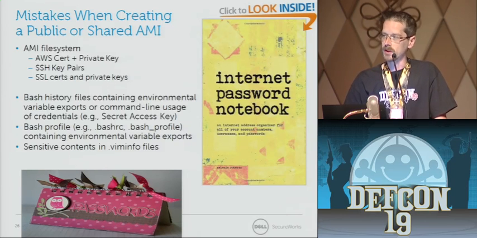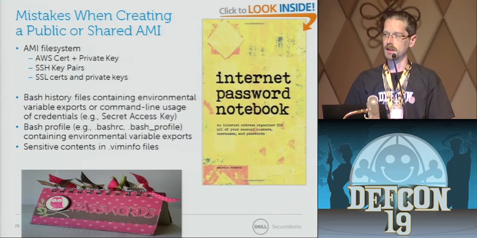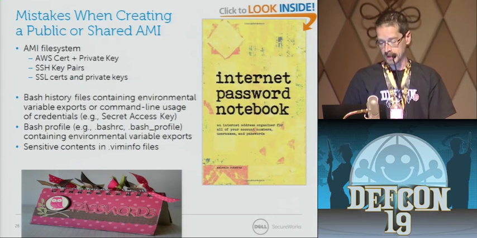You might have SSL certificates and private keys on the image. You need to be conscious as a publisher of an image what you're putting out there, because once it's public, it is truly public, and anybody can access these images and search for these sorts of credential materials. And that's essentially what we've done.